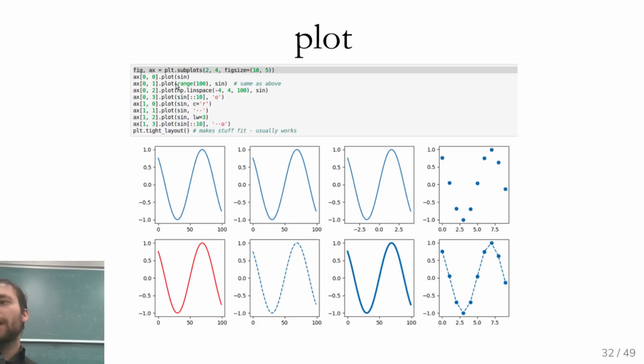This is equivalent to doing plot, then a range, and then this. You can see these plots are completely identical, so by default it just assumes the x values are 0 until the number of points you have.